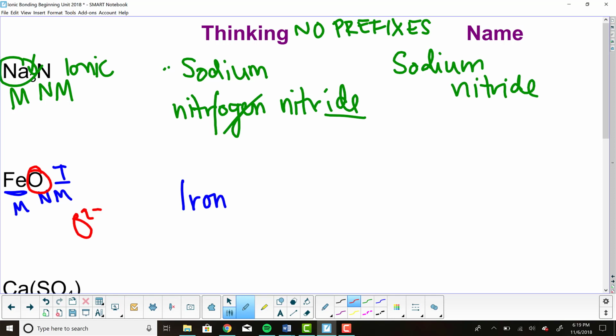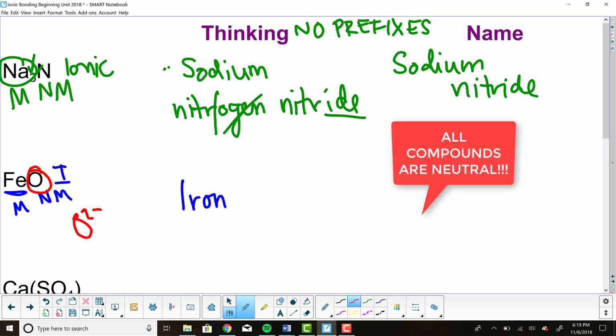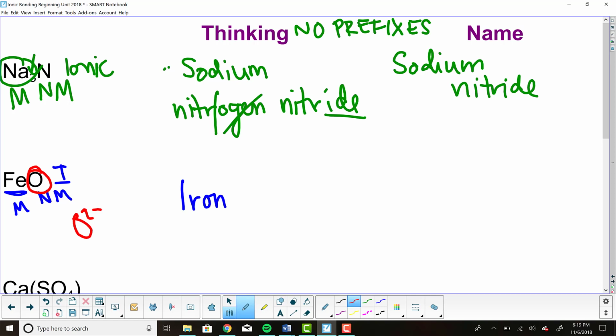If we know that oxygen has a 2- charge, and we know that all compounds are neutral, remember all compounds are neutral, then we have to have a 2+ charge in order to balance out our overall charge and end up with a neutral compound. If we need to have a 2+ charge, that can only come from the iron. So how we write that in the formula is we include a little 2, Roman numeral.